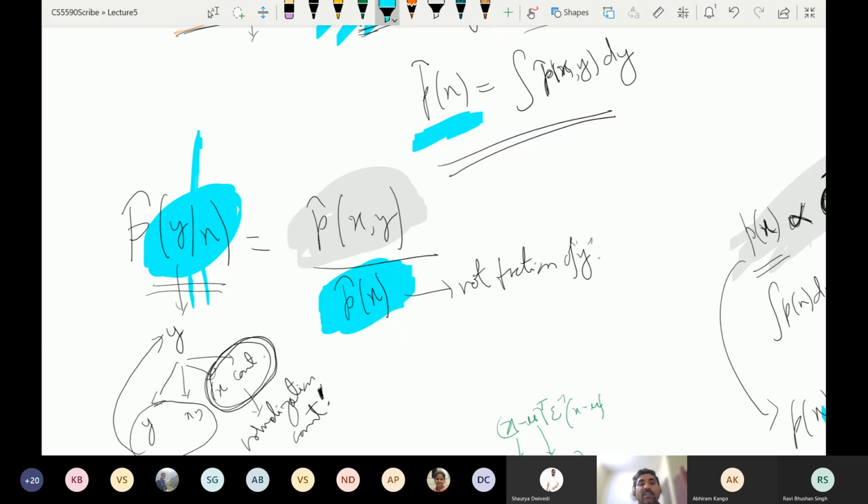Suppose you ask this question: what is the distribution of some particular sensor reading, say y? That question is different from asking: if my other reading of meter x is something, then what is the distribution of this meter reading?